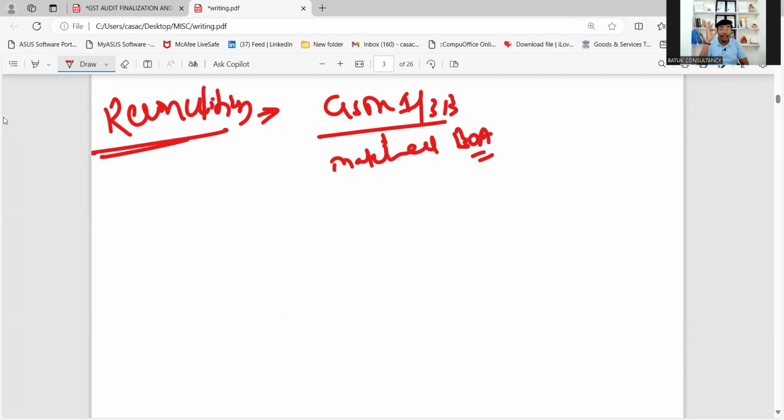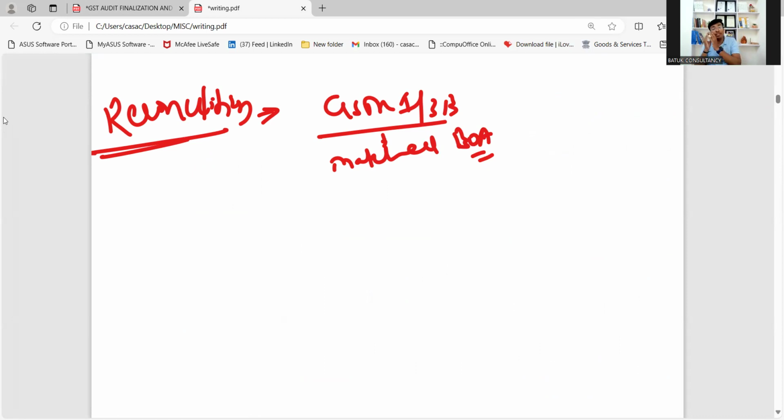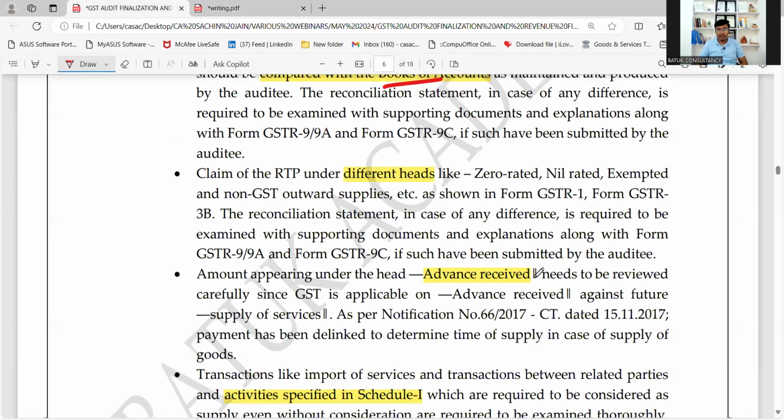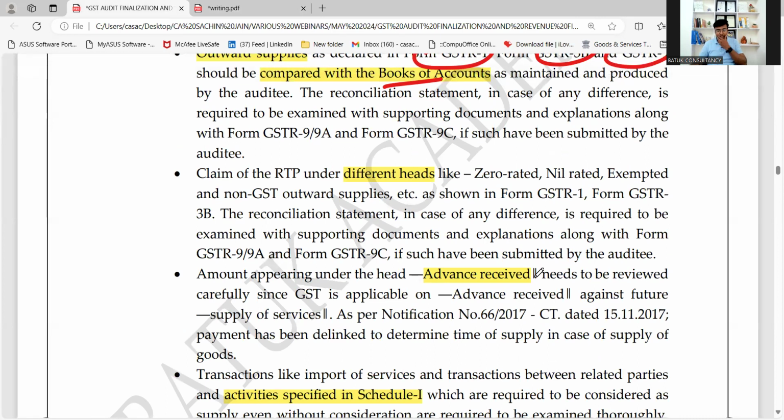If there is any default or any deficiency in the reconciliation of the books of accounts and the GST portal, in that case this will be a huge issue. Now there are 2 to 3 questions. First we'll discuss those questions, then we'll move ahead. Okay.